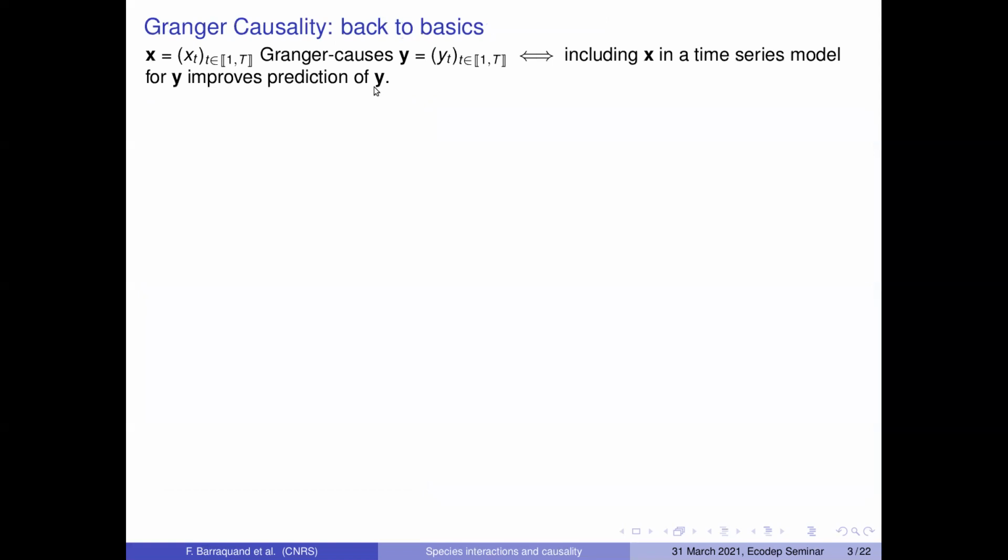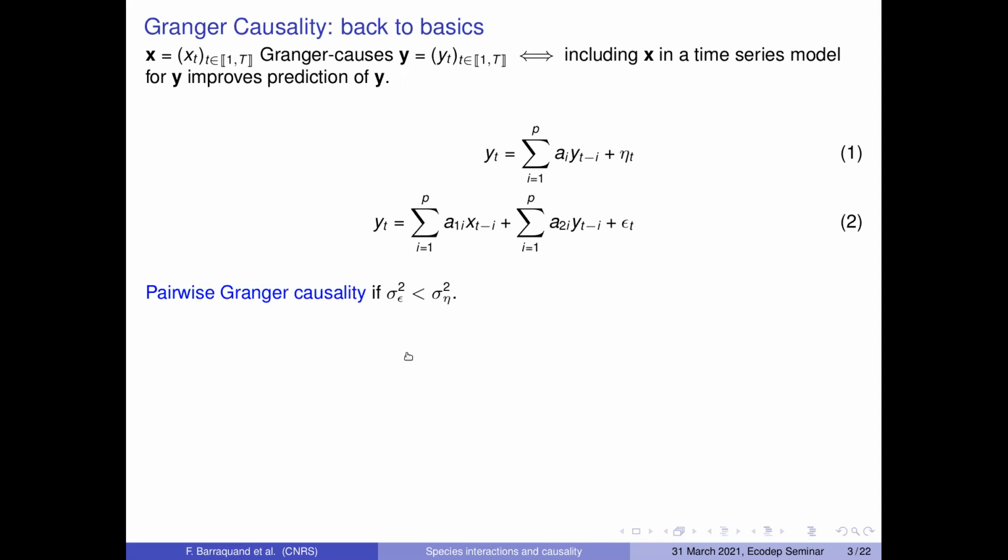So if we think about Granger causality, we would say that X Granger causes time series Y if when we include X in a time series model for Y, it improves the prediction of Y, or future values of Y. The way we do this in practice, which is a little bit different from the general definition, is to make a time series model, usually a linear one, without time series X, and a time series model for Y with time series X. Then we say there's pairwise Granger causality if the residual variance decreases.